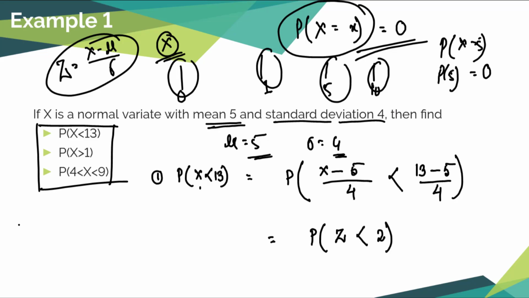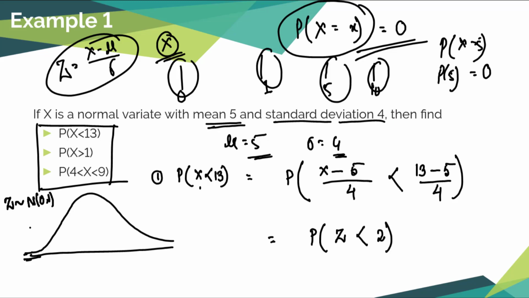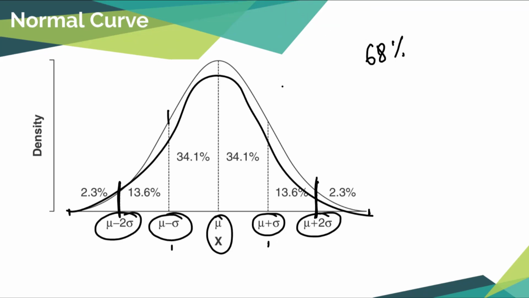So for solving normal probability problem, we always draw the normal probability curve, right? This is the curve. For standard normal, since this Z follows normal 0, 1, and in this curve I said that the midpoint is always the mean, and for standard normal mean is 0.